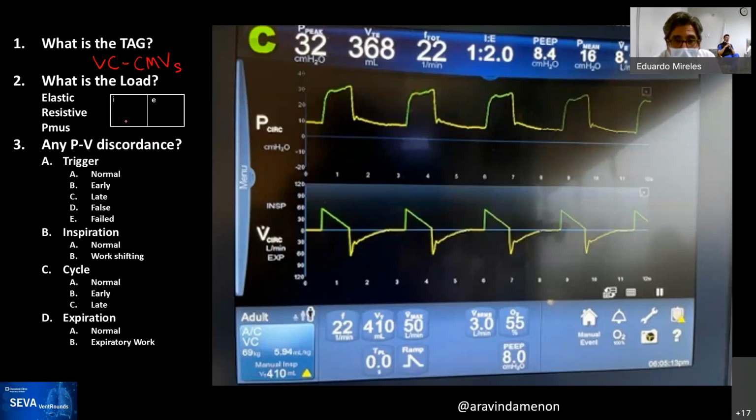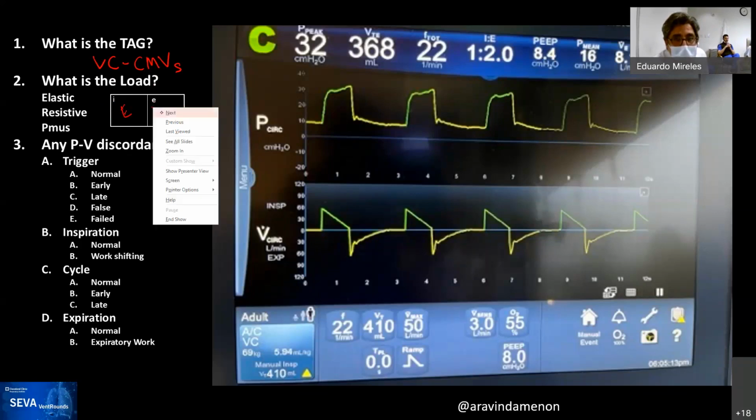The pressure waveform looks like it's resistive, but the time constant, I think, is all normal. So elastic, resistive, or PMUS? Choose one of the three. Elastic. All right. The exponential decay of the pressure waveform, I think, is mainly elastic.